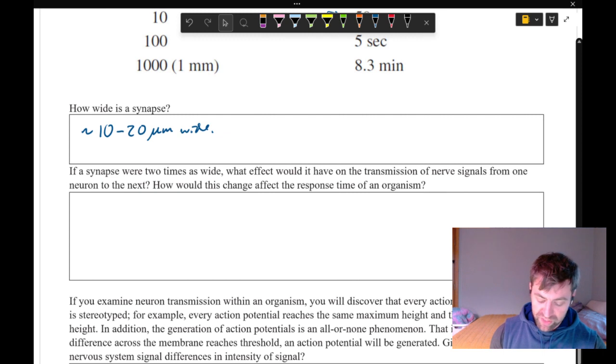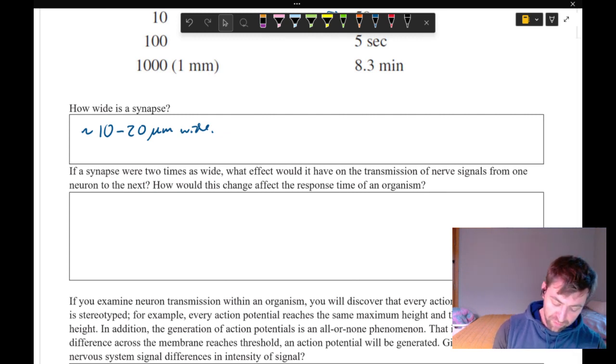If a synapse were 2 times as wide, what effect would it have on the transmission of nerve signals from one neuron to the next? And how would this change affect the response time of an organism? If the synapse were 2 times as wide, the time for diffusion would increase by the square, so 4 times.